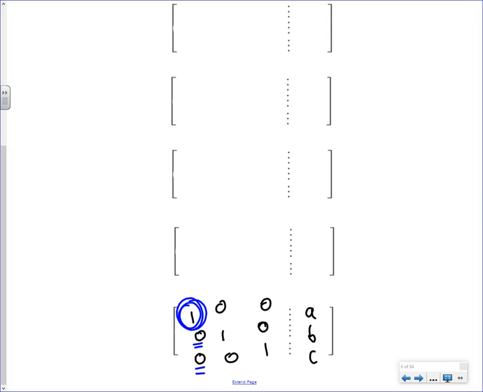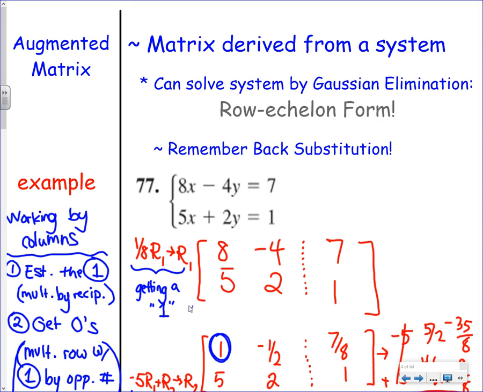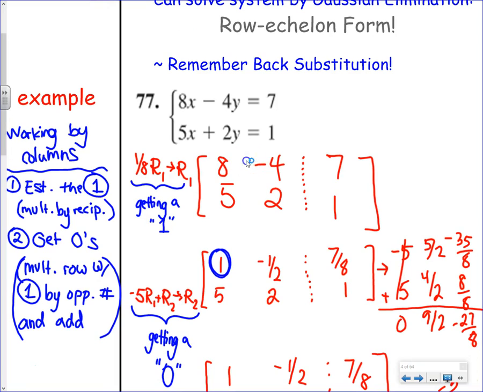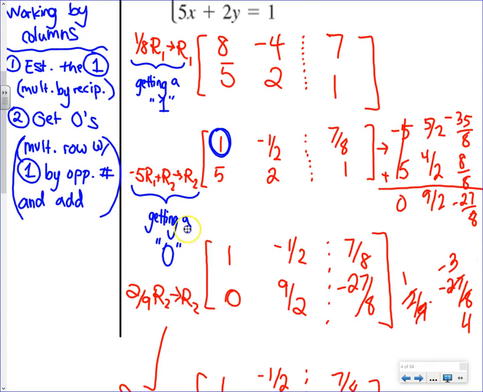Yesterday in the notes, did we talk about how to get 1s and how to get zeros? Okay, turn to the example from yesterday. Do you see where we wrote getting 1s? How do we get 1s? Good. Divide the whole row, every single entry, by the number that's there. Otherwise known as multiplying by the reciprocal.